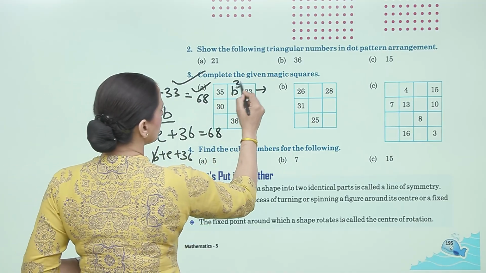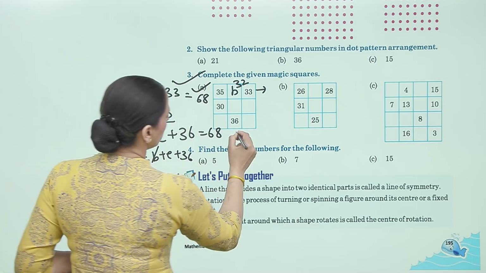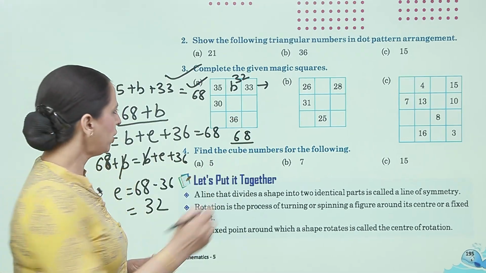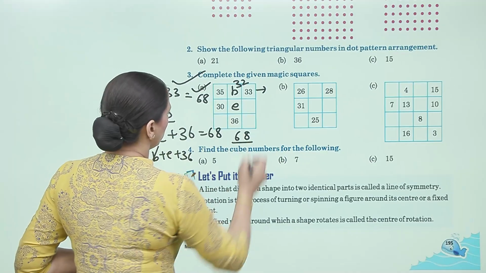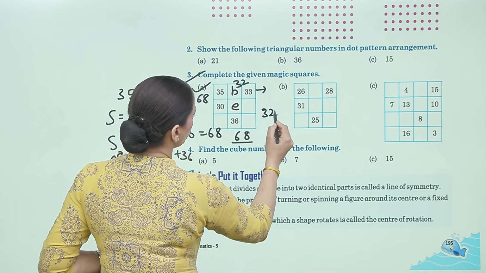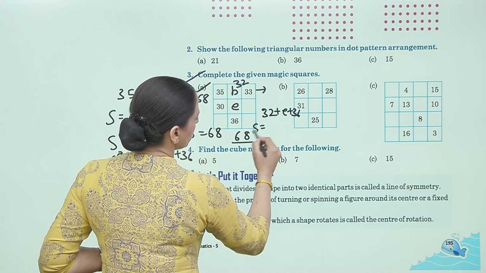So here is 32. Now 32 plus 36 is 68. Now it is E. That is 32 plus E plus 36 is equal to the sum.